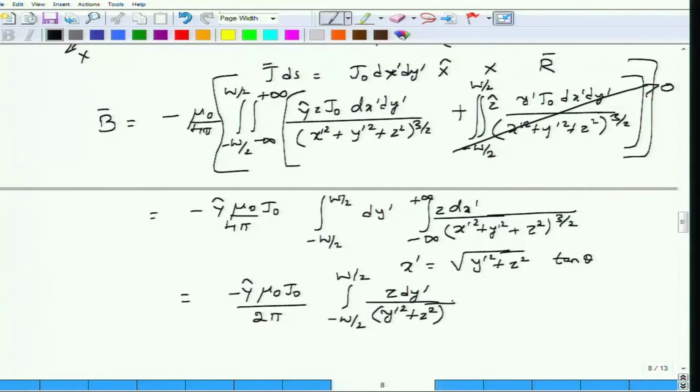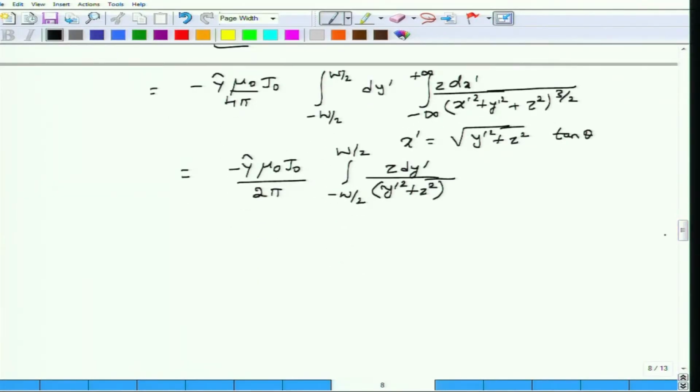So thankfully that integration with respect to x has vanished the x component here, and you just have this second integral. Here again you can put y prime is equal to z tan theta, change the limits of integration. Now the integral limits will be finite because you are integrating from minus w by 2 to plus w by 2.